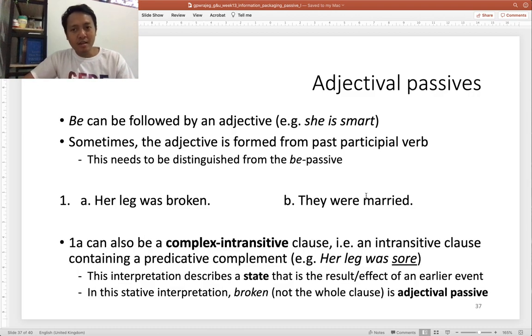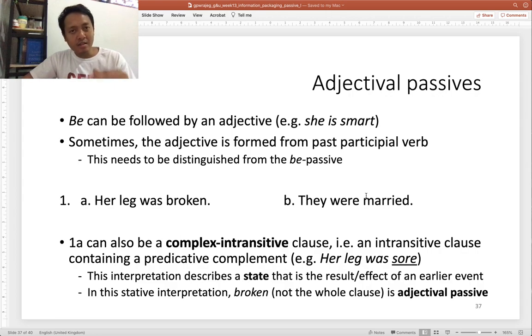But in the adjectival passive interpretation, in this case, in a complex intransitive clause, that is an intransitive clause containing a predicative complement such as her leg was sore, this interpretation describes a state, a state that is the result, the effect of an earlier event. In this stative interpretation, broken only, not the whole clause, is adjectival passive.